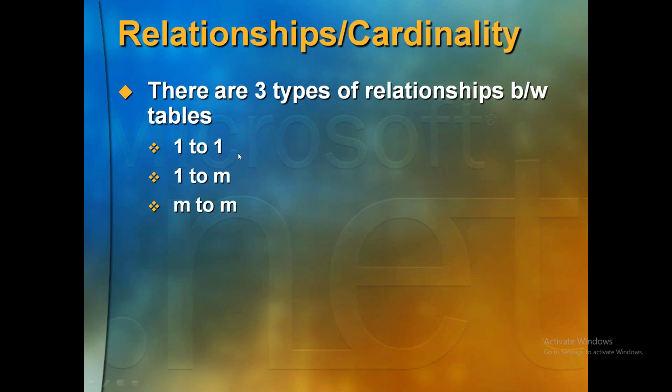Clear? In one-to-one, any table's primary key can become a foreign key. Any table's primary key, you can make it a foreign key in the opposite table. In one to many, only the parent table's primary key can become a foreign key in the opposite table. In many to many, you cannot create foreign keys directly. You have to create one more table. That is what is called a bridge table.